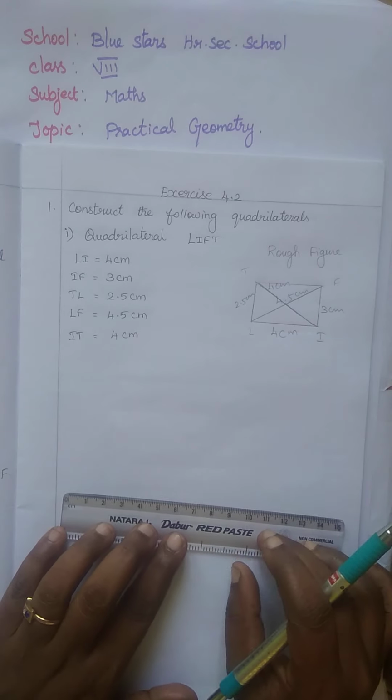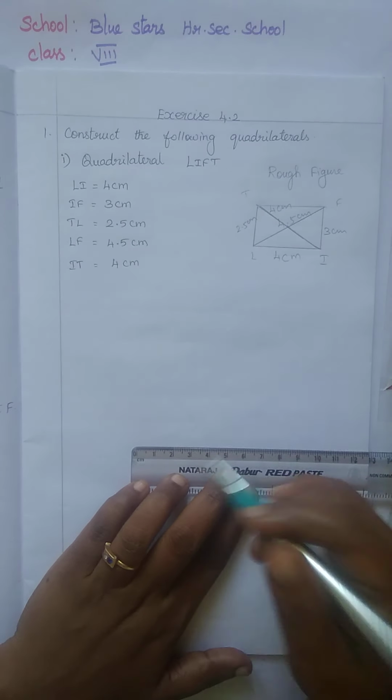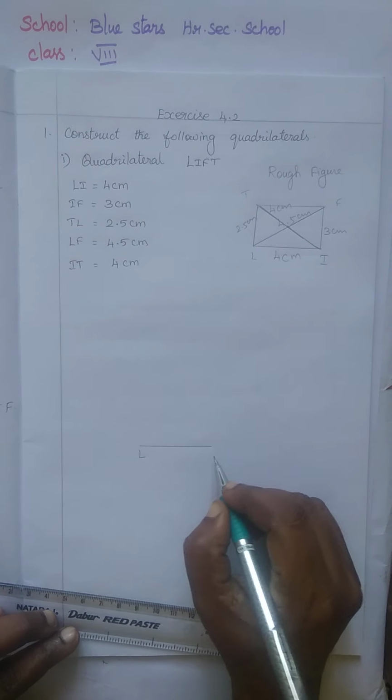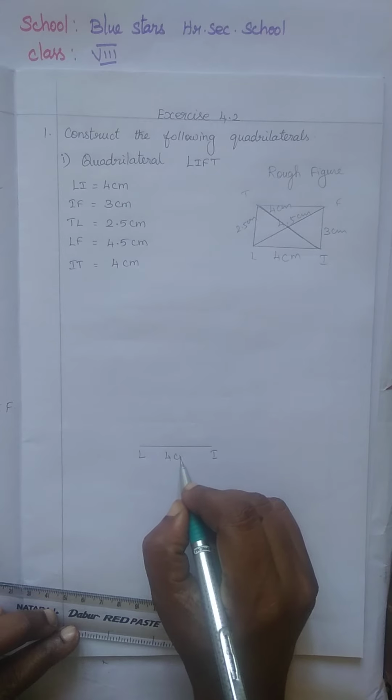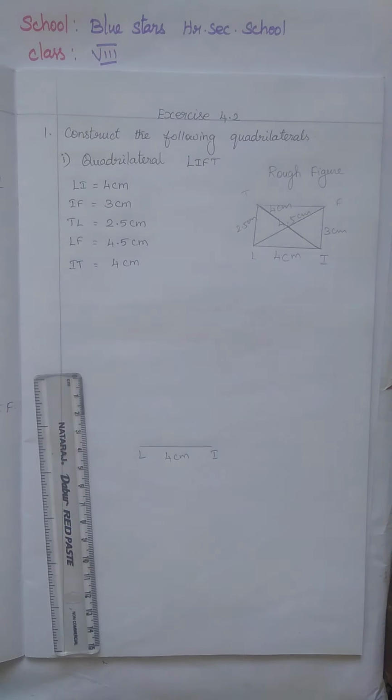So first we draw LI, 4 centimeter. Next IF. We will use a compass.